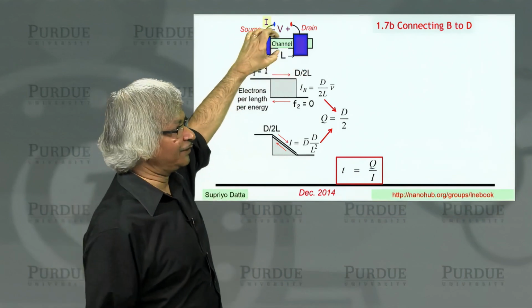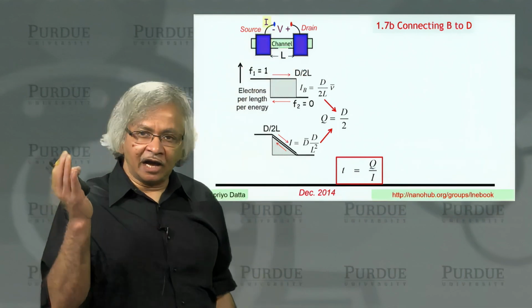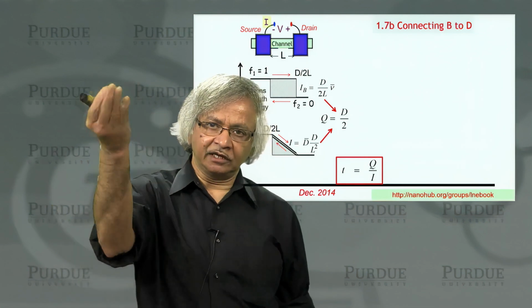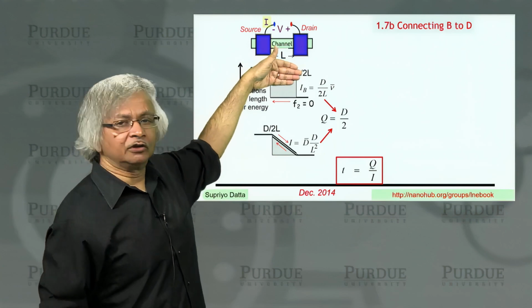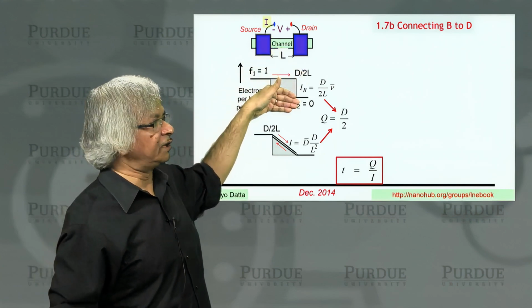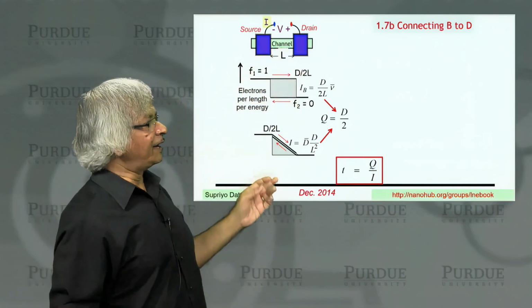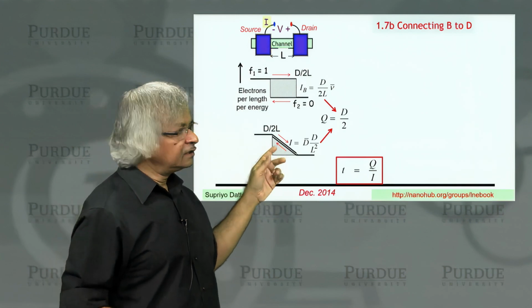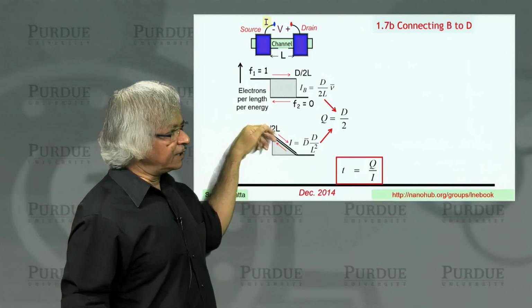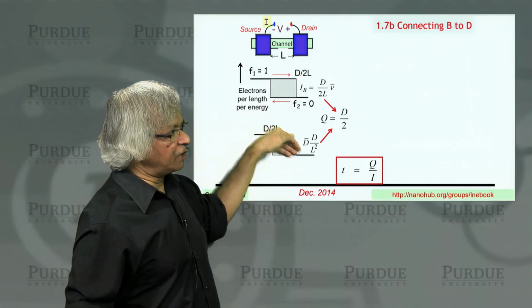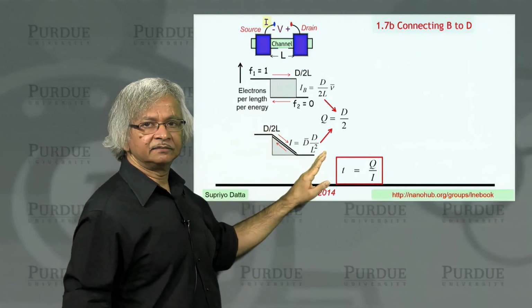You can think of this channel as having half the states that are northbound, the other half that are southbound. So in the ballistic case, all northbound states are filled, all southbound states are empty. Whereas in the diffusive case, northbound and southbound are about equally filled, but the occupation goes down as you get from this end to this end.